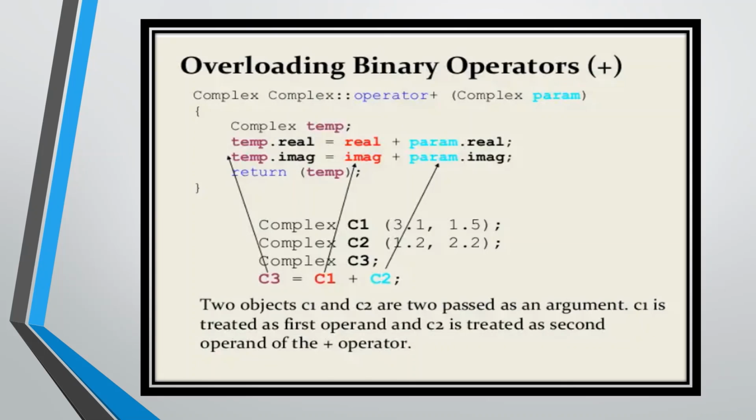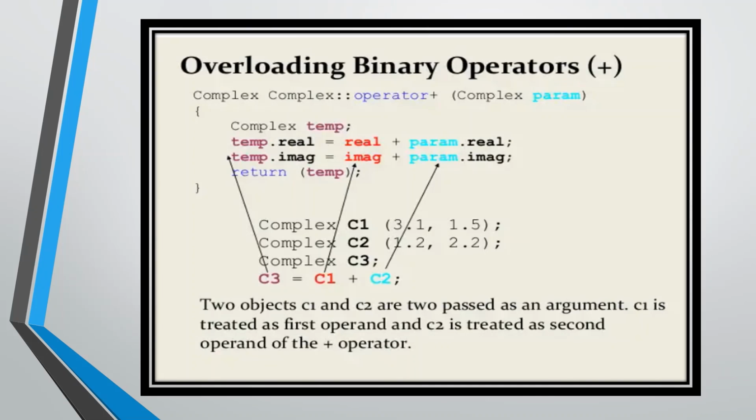So when we want to apply the behavior of an operator on a built-in data type to a user defined data type, we have to use the concept of operator overloading, and because of this concept we can perform the addition of the two objects.